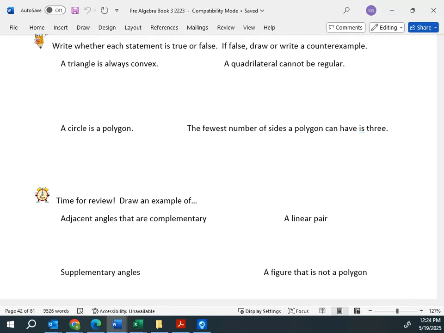If it's false, give an example proving that it's false. A quadrilateral cannot be regular. Can you give an example of a regular quadrilateral? Yeah. So you write false and you give an example of a regular quadrilateral. And then we have our review at the bottom.